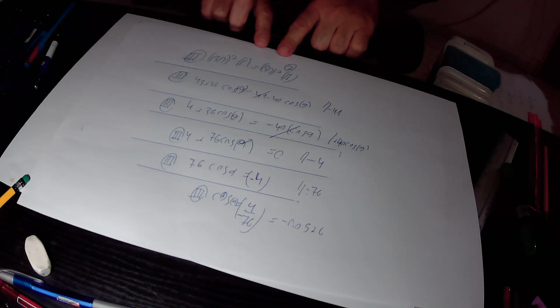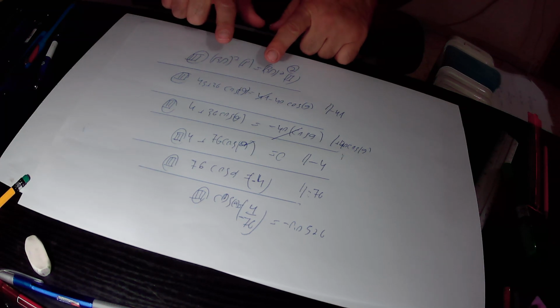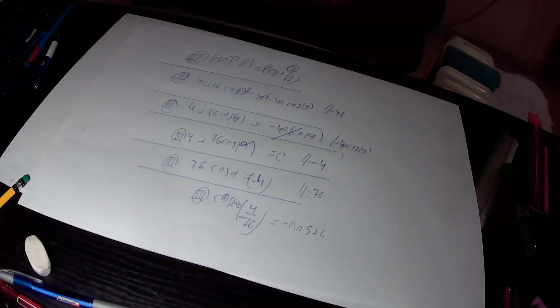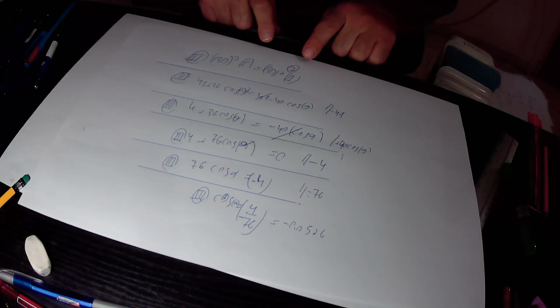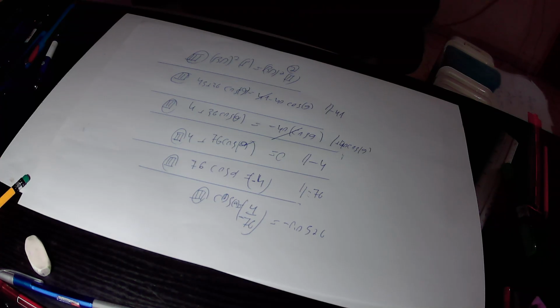BD squared according to equation 1 is 45 plus 36 times cosine alpha, and BD squared according to equation 2 is 41 minus 40 times cosine alpha. So according to equation 3, 45 plus 36 times cosine alpha equals 41 minus 40 times cosine alpha.